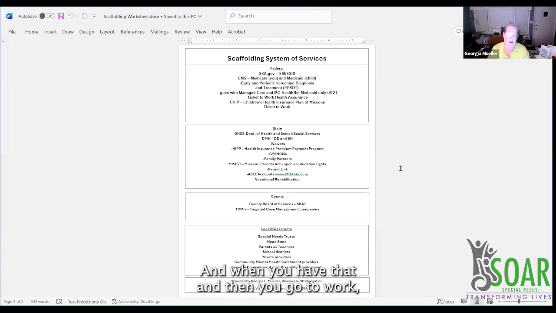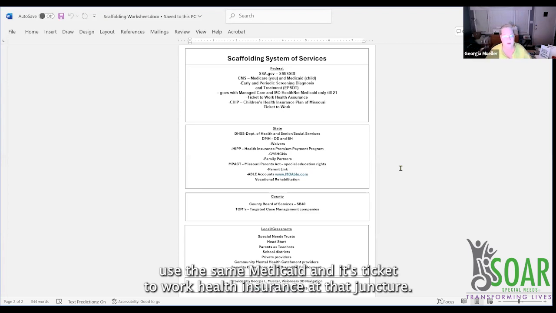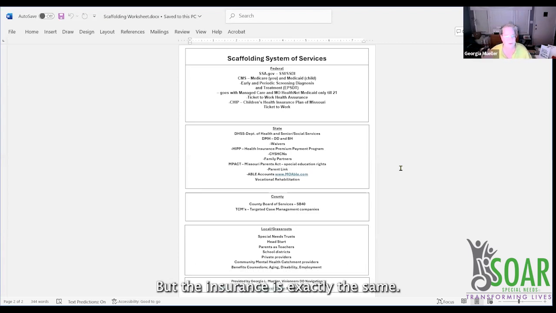And when you have that, and then you go to work, then you can switch to a different medical eligibility code, use the same Medicaid, and it's Ticket to Work health insurance at that juncture. The insurance is exactly the same, but the reason you were able to use it changes.